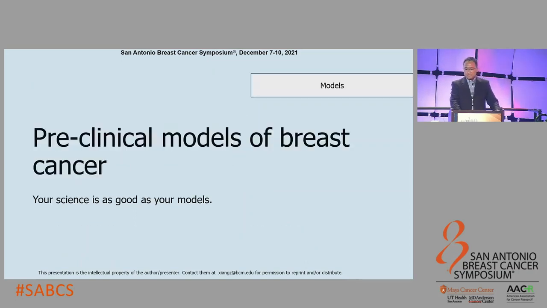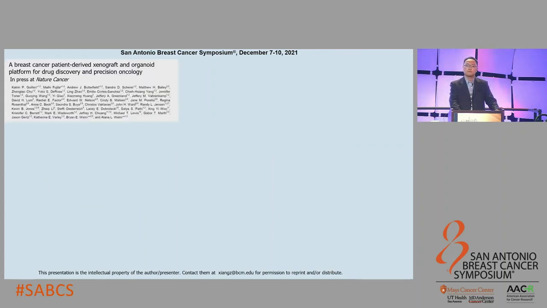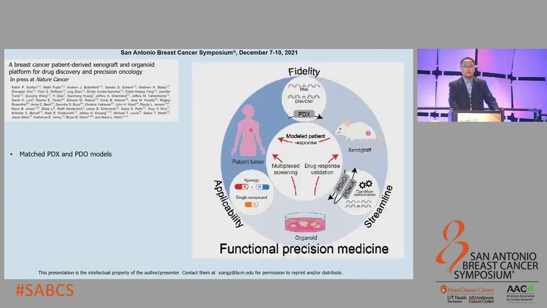In the last couple of minutes, I'd like to use two studies to discuss the emerging preclinical models in breast cancer, or the emerging new utility of different preclinical models. The first is again from Dr. Alana Welm's group, and Dr. Welm has been systematically studying patient-derived xenograft and patient-derived organoid models.